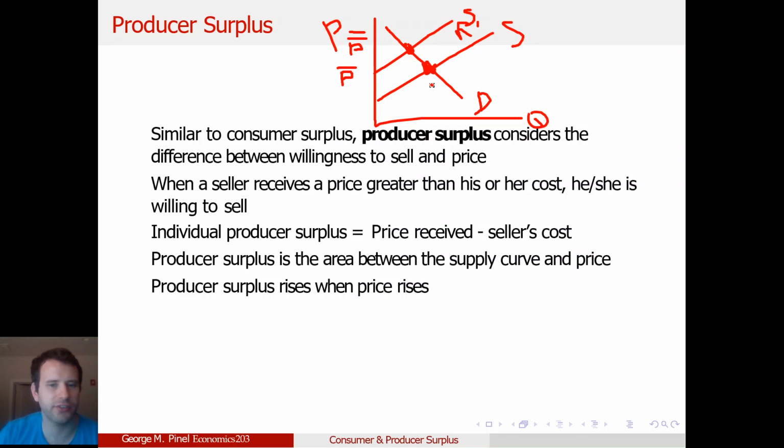As price moved from P bar to P double bar, as price increased because of the result of a supply shift, consumer surplus decreased.